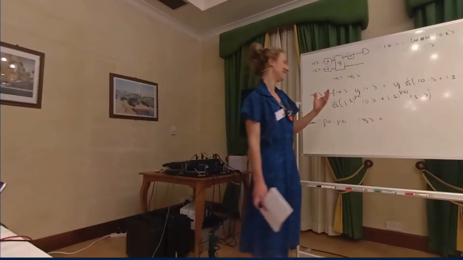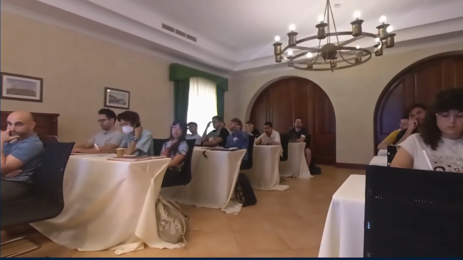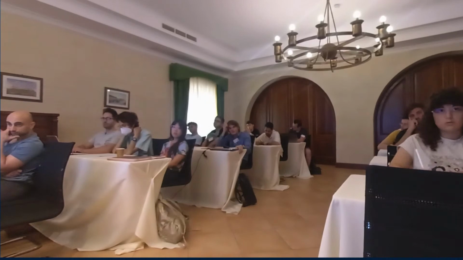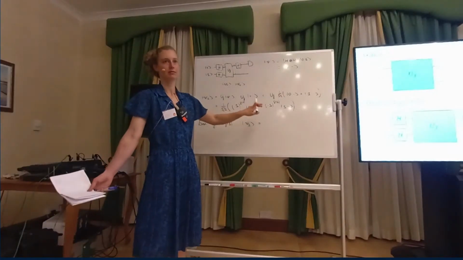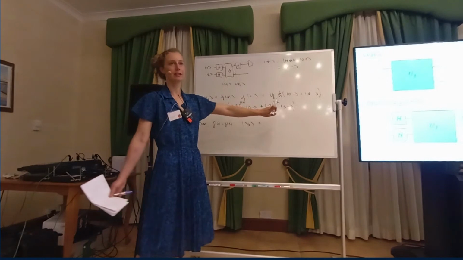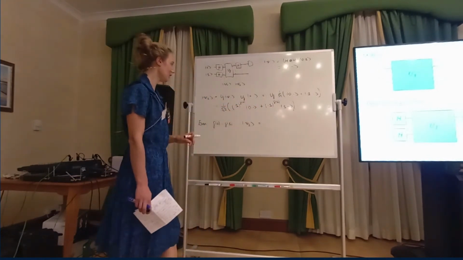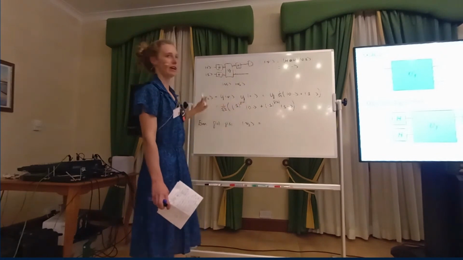Because f of 0 and f of 1 are the same, minus 1 to the f of 0 is equal to minus 1 if f of 0 is equal to 1, or plus 1 if it's equal to 0. So if they're the same, then you're going to get the same sign here, and so you're basically just adding these. And if you're adding 0 and 1, you've got a plus state. And you can just pull it out the front.